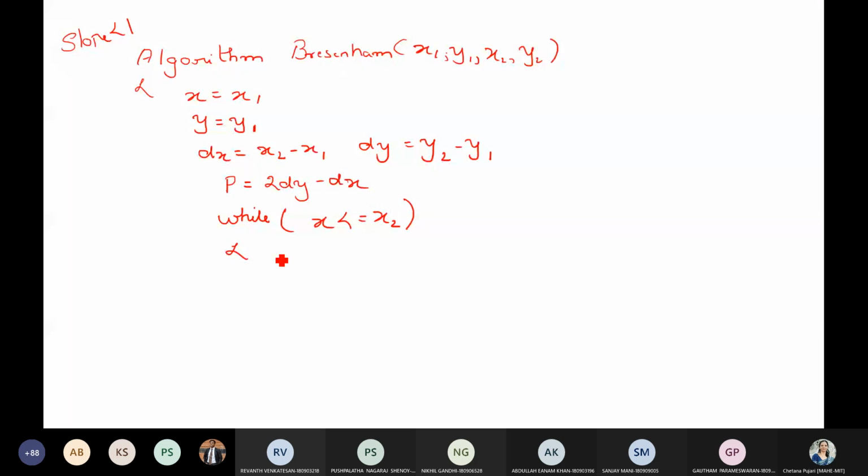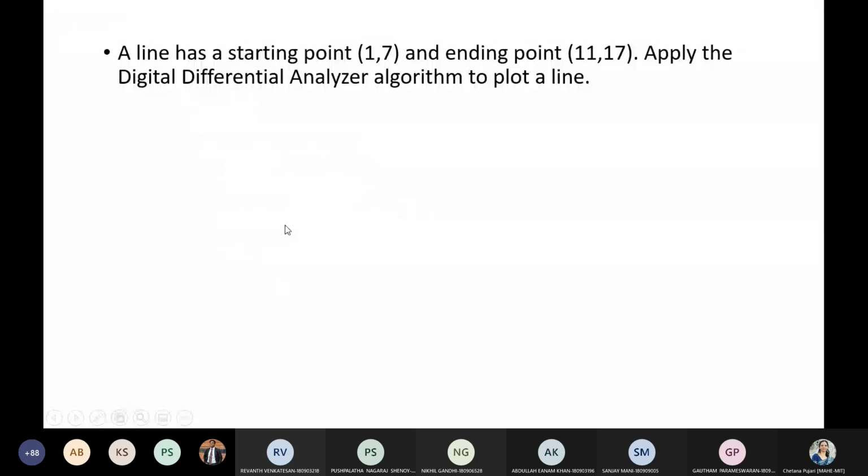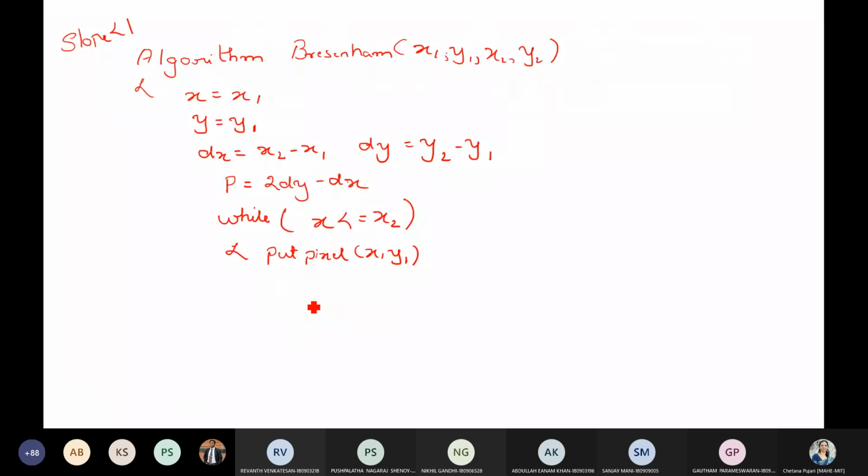So first you are going to plot your starting pixel value. So put pixel x1, y1. So first pixel value we are going to plot. Then we are going to increment our x, because we are dealing with slope less than 1. Incrementing x and see if the decision parameter is less than 0, right?